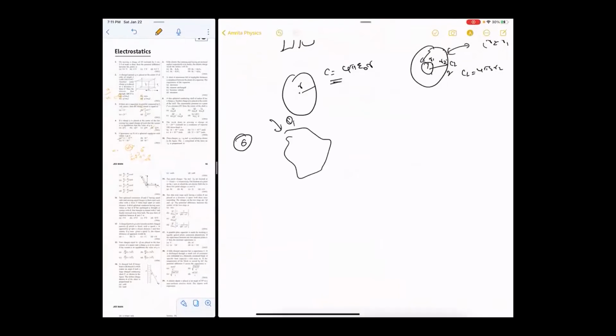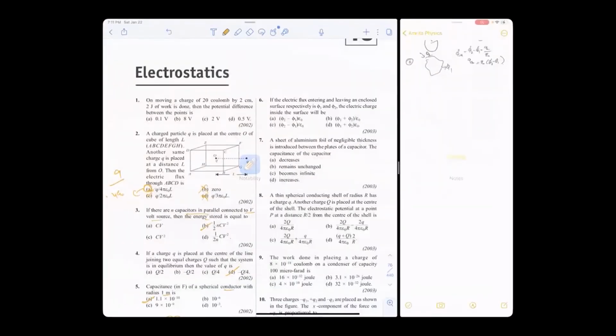Phi 2 is entering, phi 1 is leaving. So what is the net flux? Phi 2 minus phi 1 is equal to charge enclosed by epsilon naught. So charge enclosed is epsilon naught into phi 2 minus phi 1. Agreed? So the sixth one is option A.